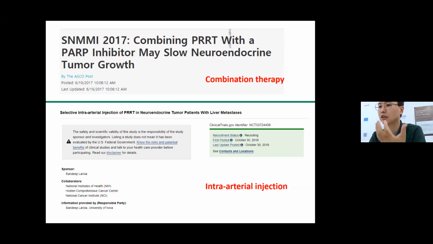It can deliver the PRRT more effectively, but with a low chance of toxicity to other organs.